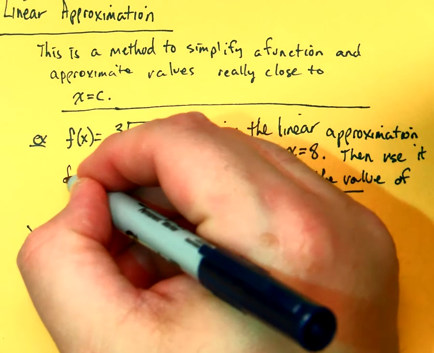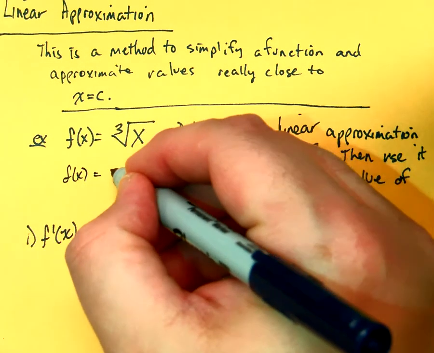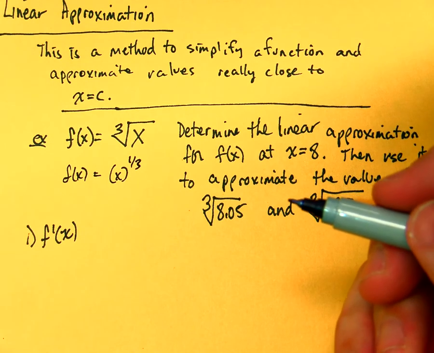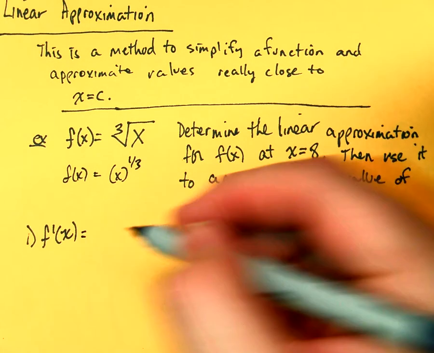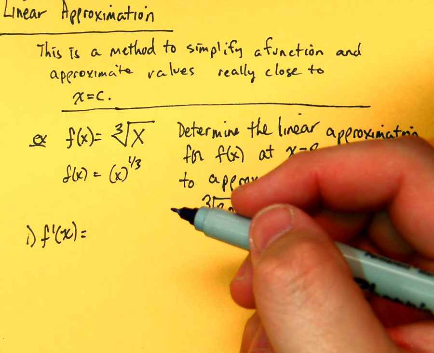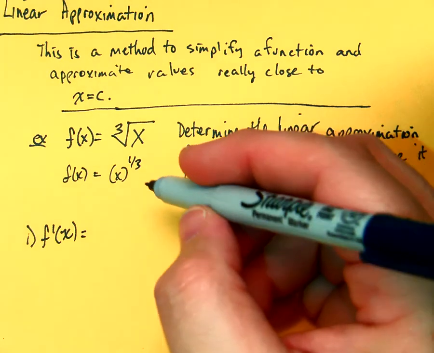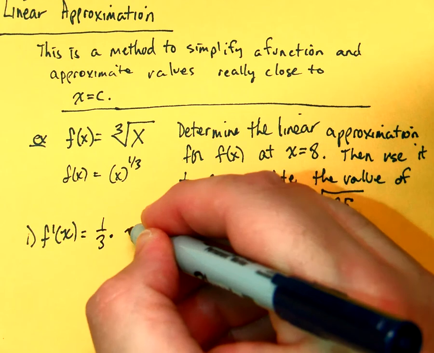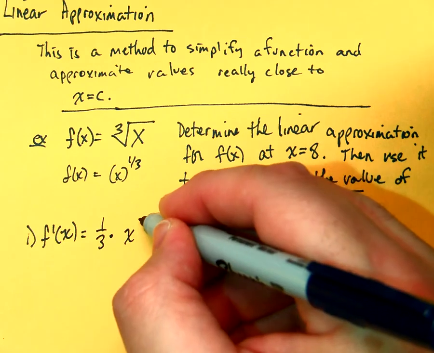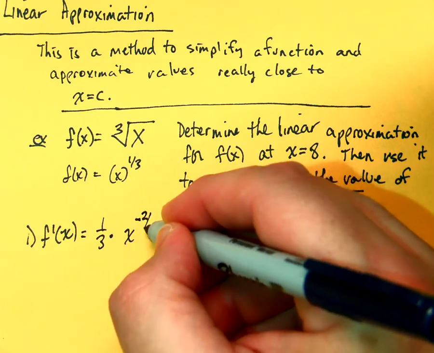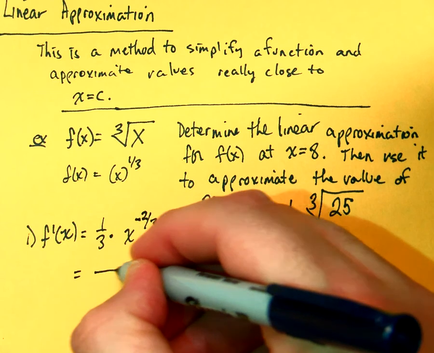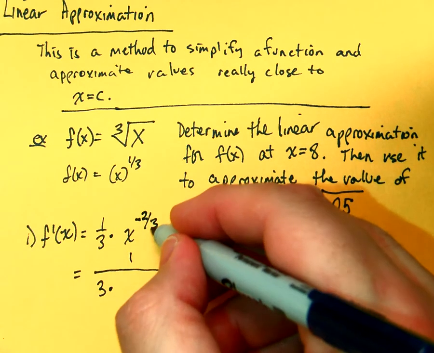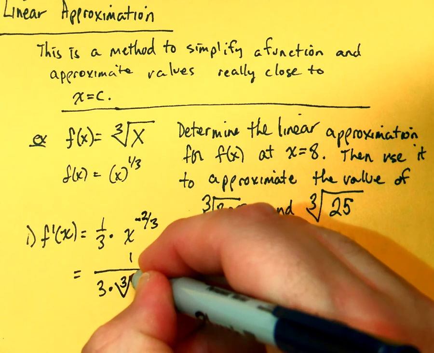Now, if we think of f of x as x to the 1/3 power, we're going to get 1/3 times x to the negative 2/3 power, which is 1/3 times the root is 3, and the power is 2.